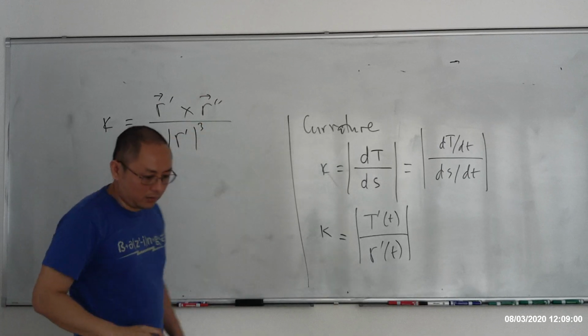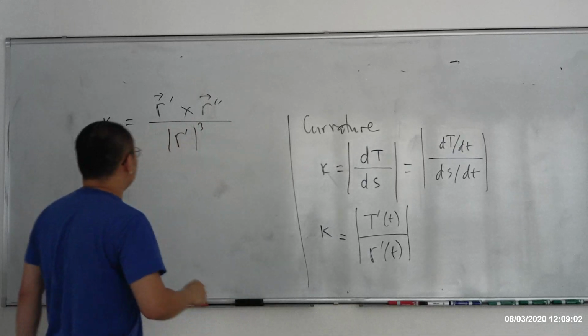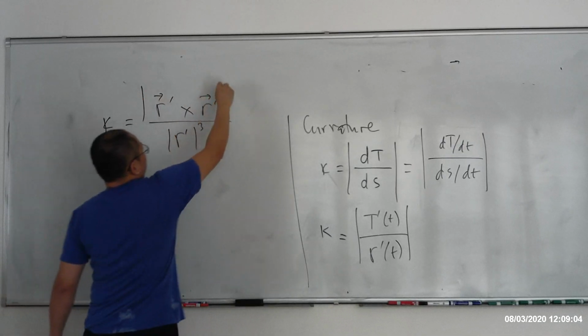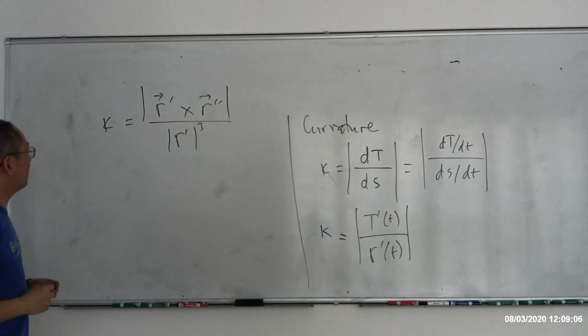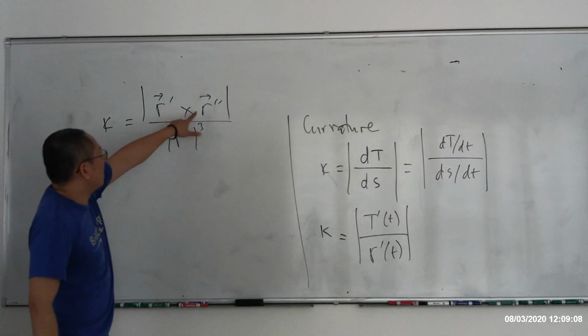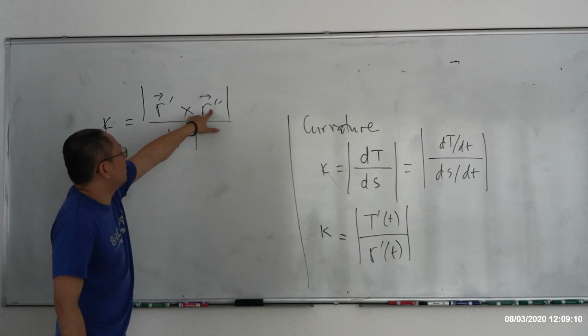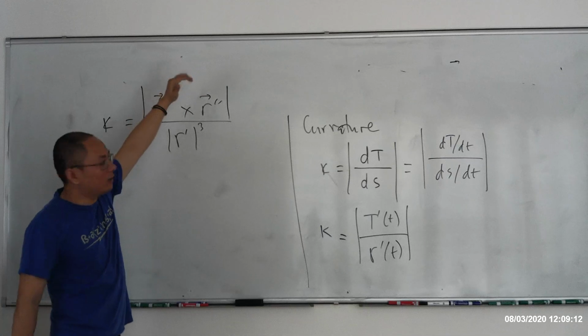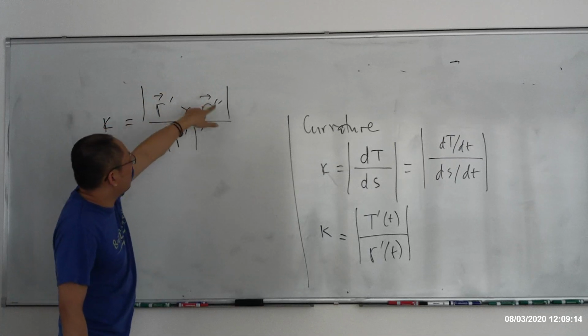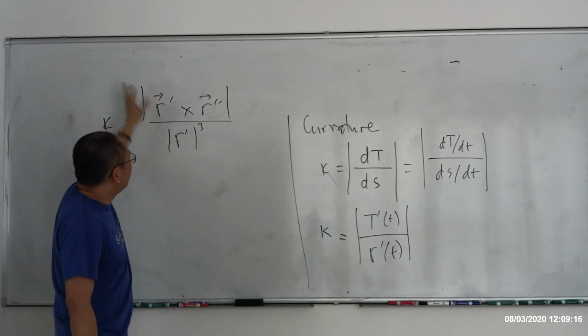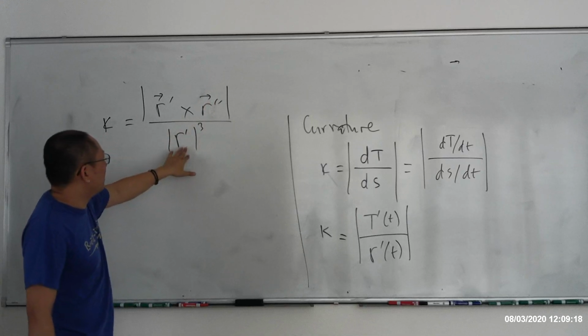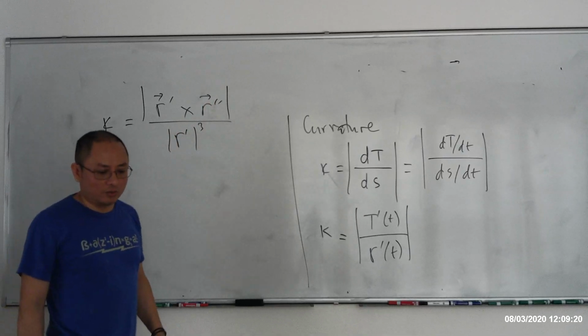Let me double check. Yes, it's right. And same, it's going to be a positive number, so I better put absolute value everywhere. Remember you have a vector R, you calculate R prime, you calculate R double prime, you cross them, you find the magnitude, and you find the magnitude of R prime, put it in there, and you have the curvature.